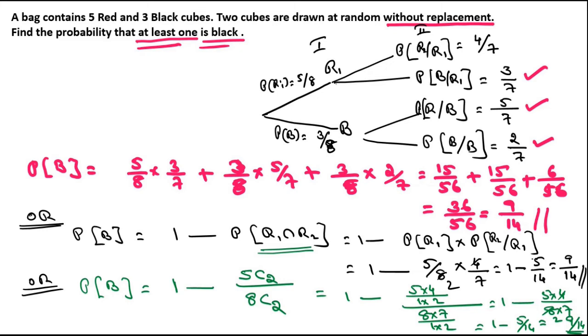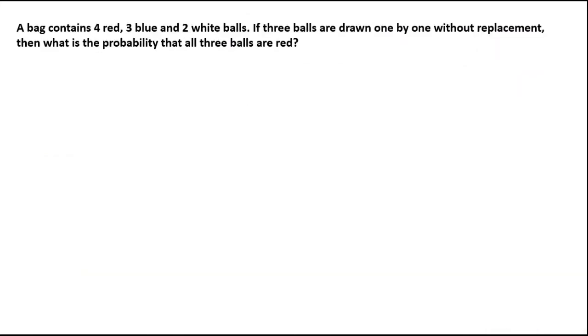Now see this question here. A bag contains 4 red, 3 blue and 2 white. If 3 balls are drawn one by one without replacement, that means it is dependent events.